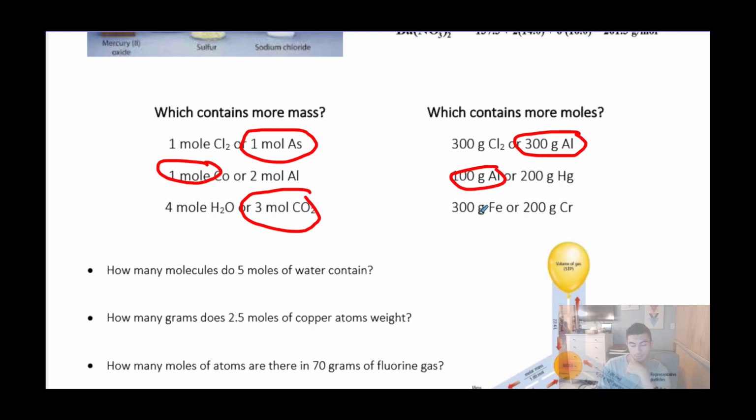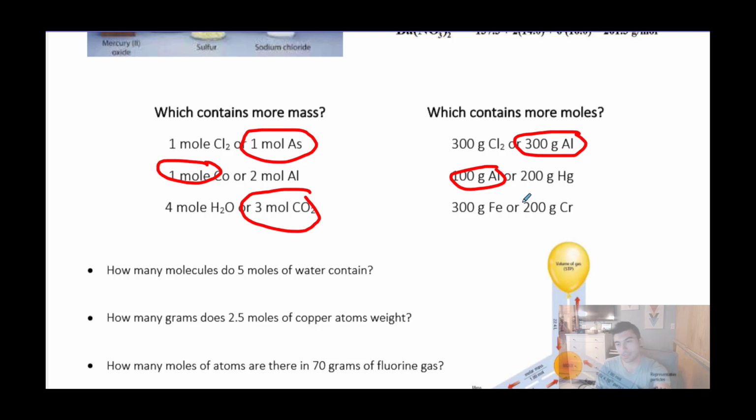And then 300 grams of iron, which has a molar mass of about 56 grams per mole, and 200 grams of chromium, which has a mass of about 52, if I'm looking at this correctly. Yeah, about 52 grams.